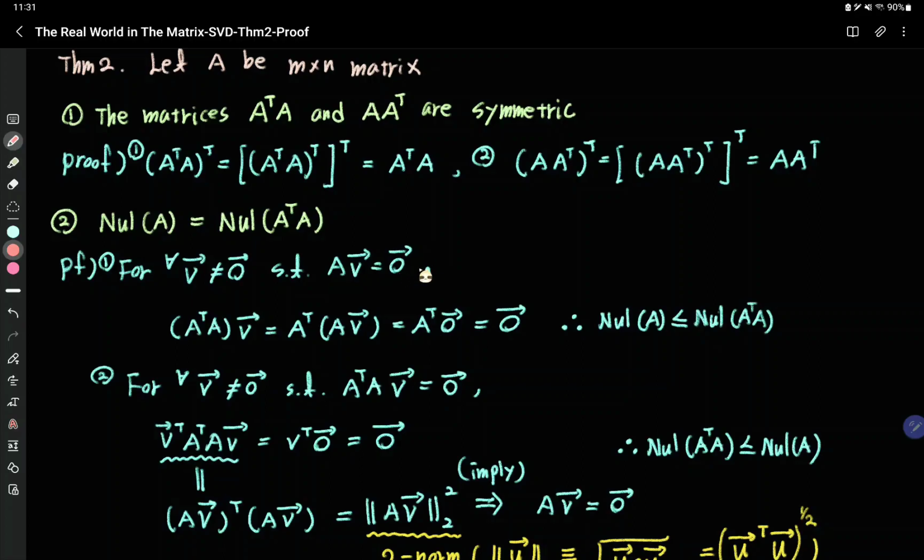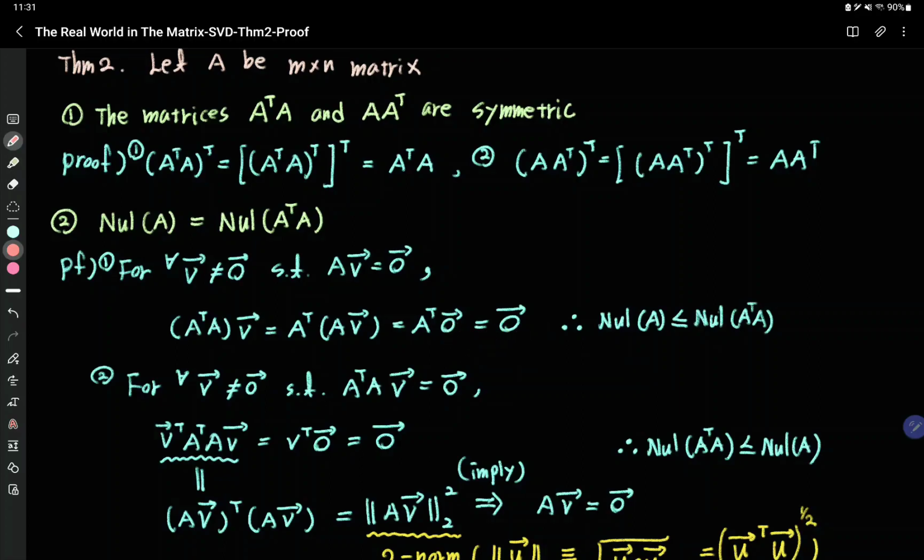Then A transpose A vector V is equal to, because the associative property of matrix multiplication is satisfied, A transpose of A times vector V. We can compute A times vector V, but A times vector V is what? It's the 0 vector, right? So we get A transpose times the 0 vector, which is equal to the 0 vector.